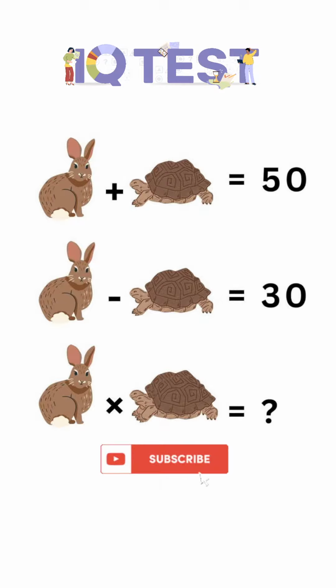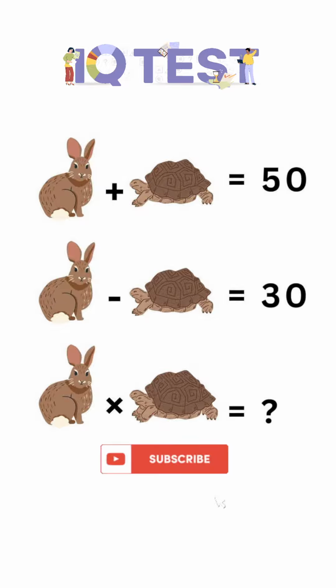Look at the second equation. Rabbit minus tortoise is equal to 30. So here you are supposed to add everything you have, the first equation and then the second one. You are supposed to add the two of them.